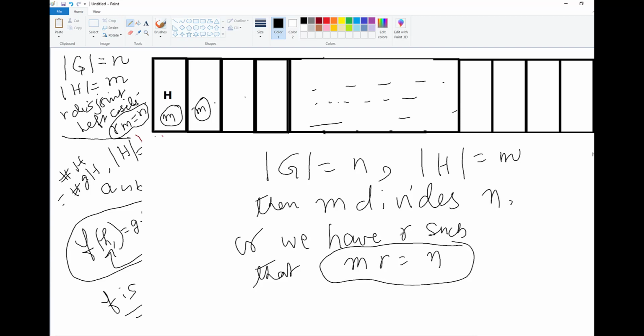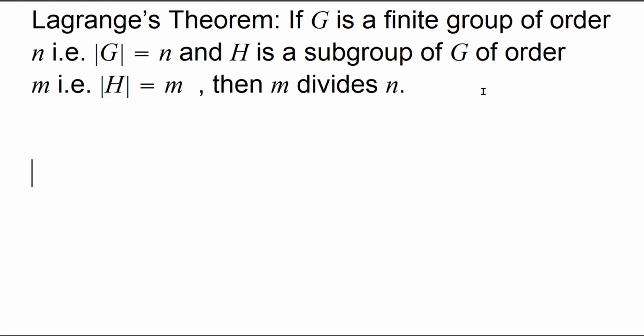So what we just did was prove a theorem called Lagrange's theorem: if G is a finite group of order n and H is a subgroup of order m, then m divides n, or in other words, m is a factor of n.